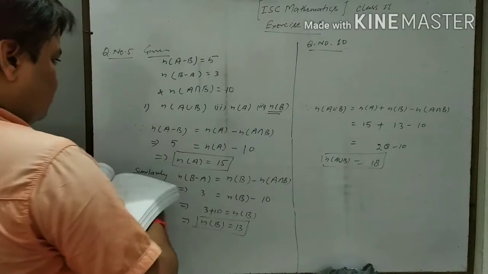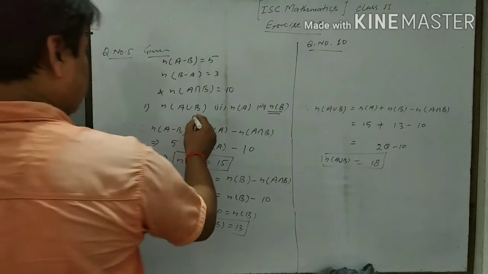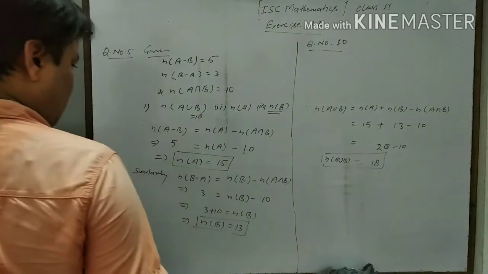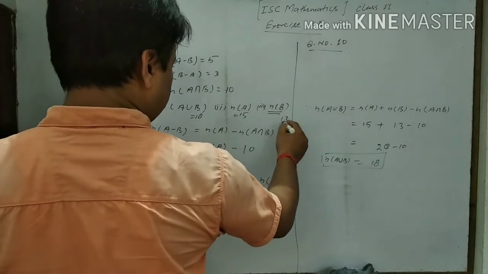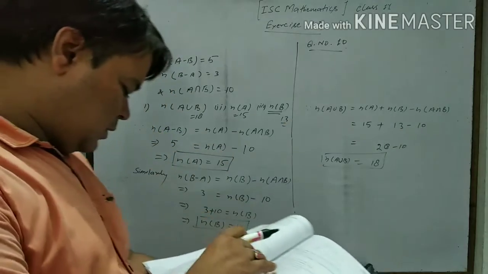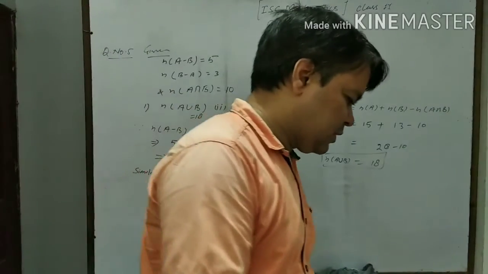The first answer is equal to 18, the second value is equal to 15, and the third value is equal to 13. The answers to all the parts are correct.